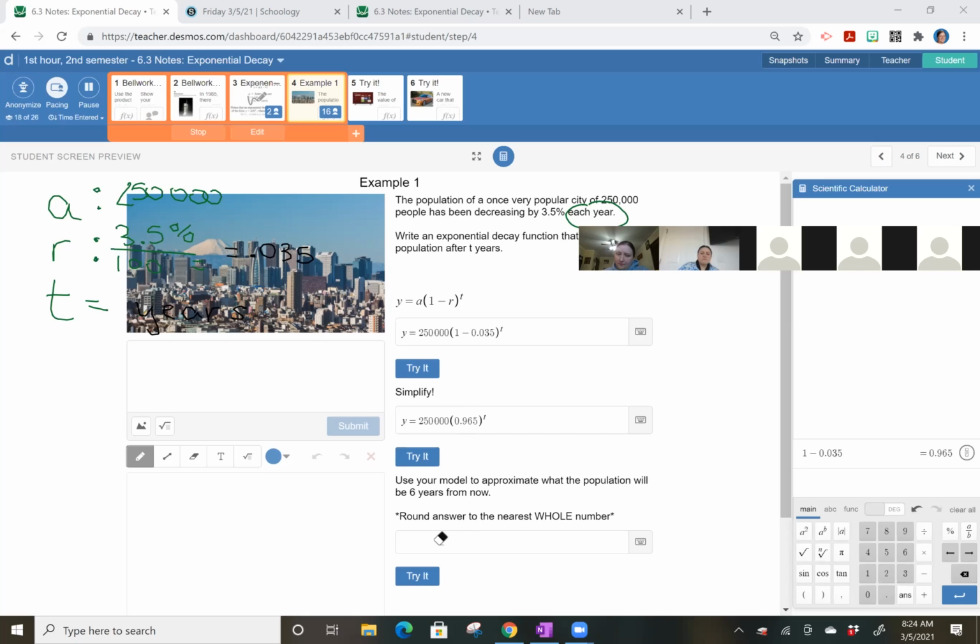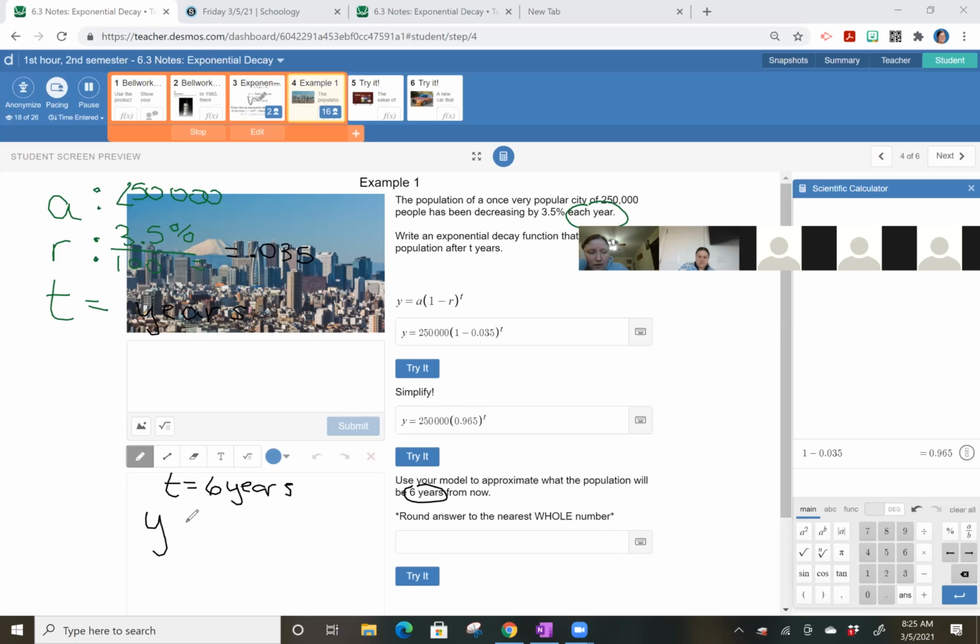Now for the third one, it says, use your model to approximate what the population will be in 6 years. So where is the 6 going to go? Is it going to go in the Y or is it going to go in the T? The T. Yeah, exactly. It's asking you, T is going to be 6 because we're talking about 6 years.